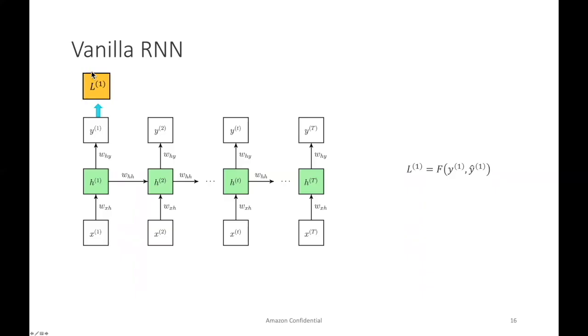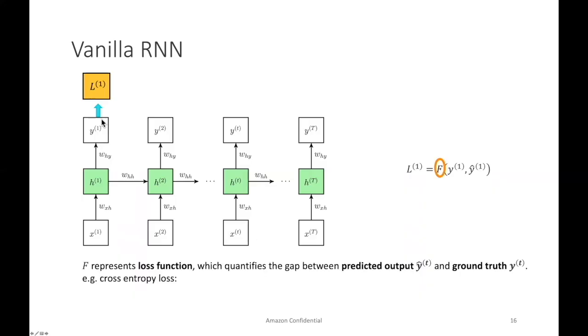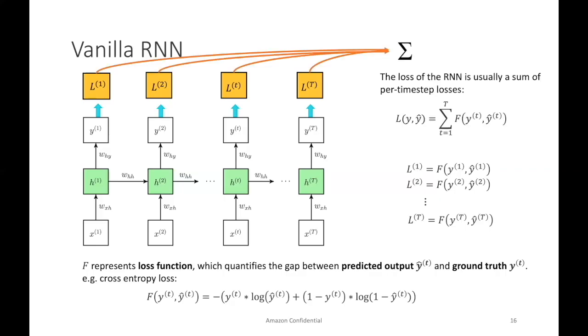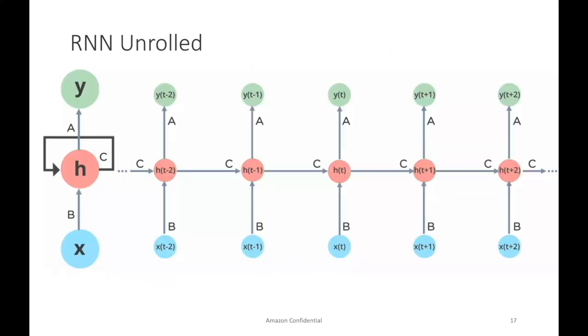If we successfully did the annotation, then the loss will be low, otherwise the loss will be high. So in each step there is some loss computed on each time step, and that will work for the video networks, right? In the second frame also we have some loss, in the third frame, and in all the frames we have some loss based on whether we could recognize whether the object is present in the video and correctly recognized it or not. We sum up all the losses, and that becomes the total loss of the RNN.